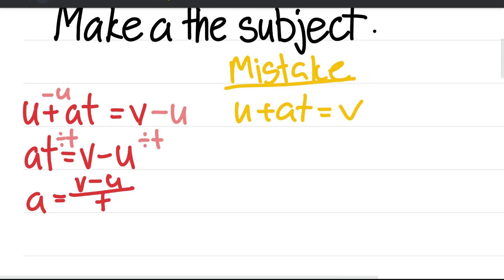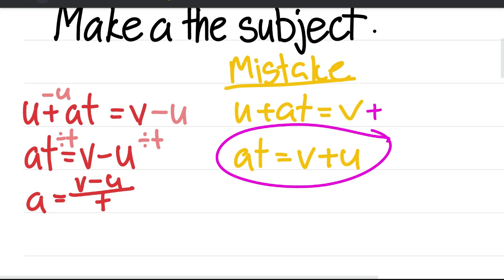So let's say this is plus U, then you would bring the plus U here, but you forget to minus U. So in the end, it'll be AT equals V plus U. But this is actually wrong.